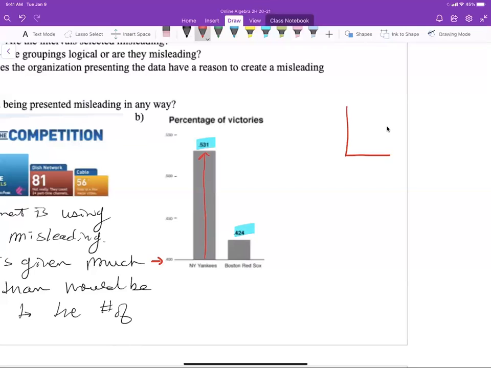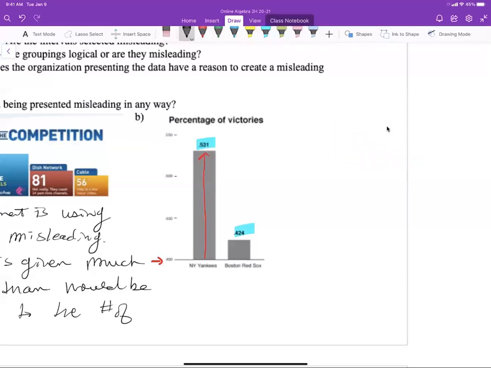If they had started the scale at 0, with 0.5, 0.4, 0.3, 0.2, then this would have been New York and the Boston Red Sox would have looked like that, and all of a sudden there is not a substantial difference visually between the two. So they have used scale in this situation.